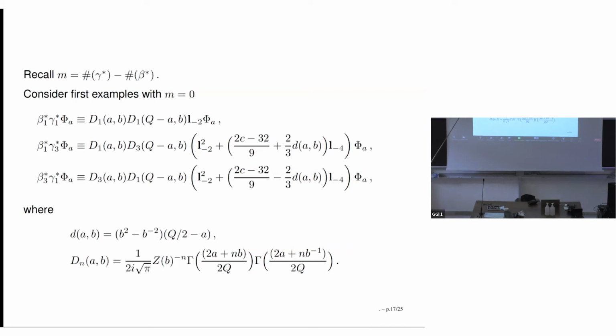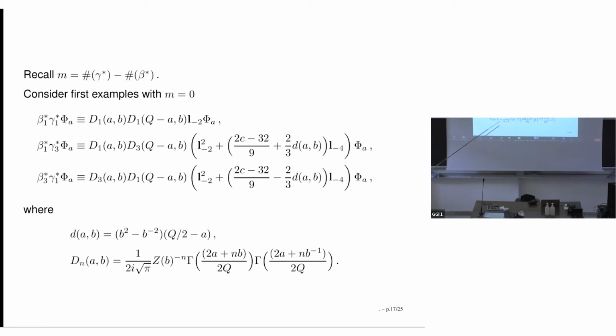So on level 2, since I am working modulo integrals of motion, and the first integral of motion is L minus 1, there is only one descendant, L minus 2, because L minus 1 squared I don't care. And so the formula is like that. There are some very important guys here. Again, gamma functions.